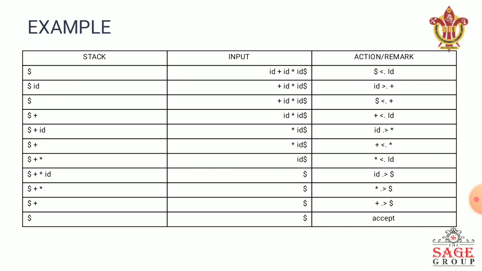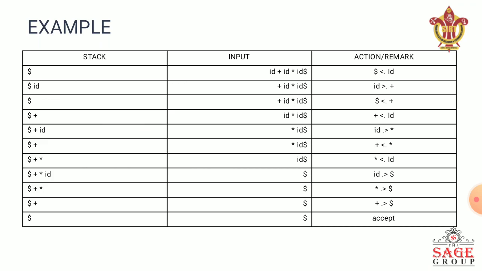Now we check stack top versus input pointer: the stack top is dollar and the input is plus, and we find that dollar versus plus is the less than sign. Less than means we have to apply the shift action. In the shift action, push the current input symbol plus onto the stack and move the input pointer one position right. Now we check plus versus id, which is less than, so again push the input symbol, so plus and id are in the stack.